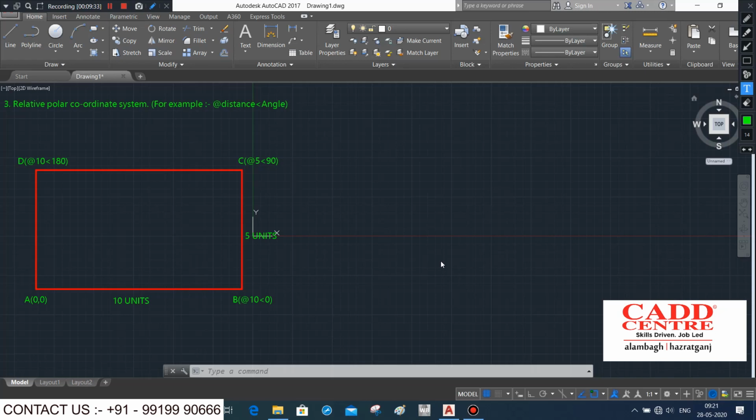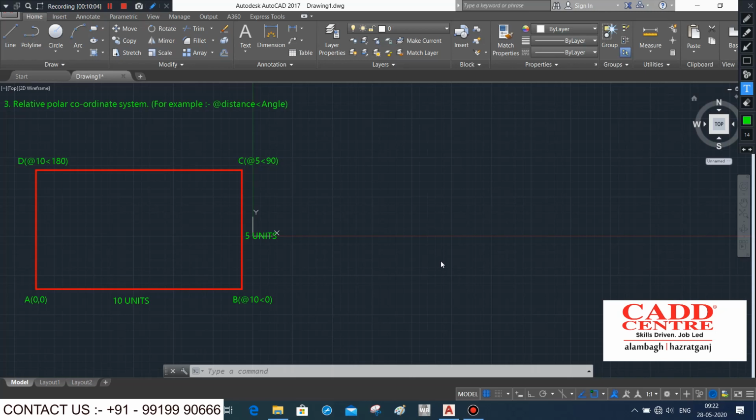So first we set the first corner point of the rectangle at origin, that is 0, 0. Then we will move towards x-axis in positive direction 10 units. For that we will provide @10<0. It means the distance covered is 10 units and the angle is 0 degree.